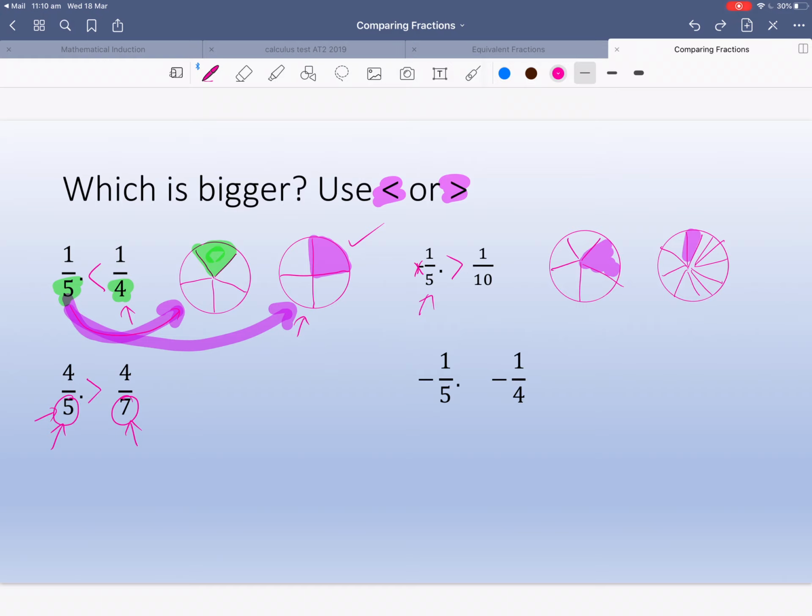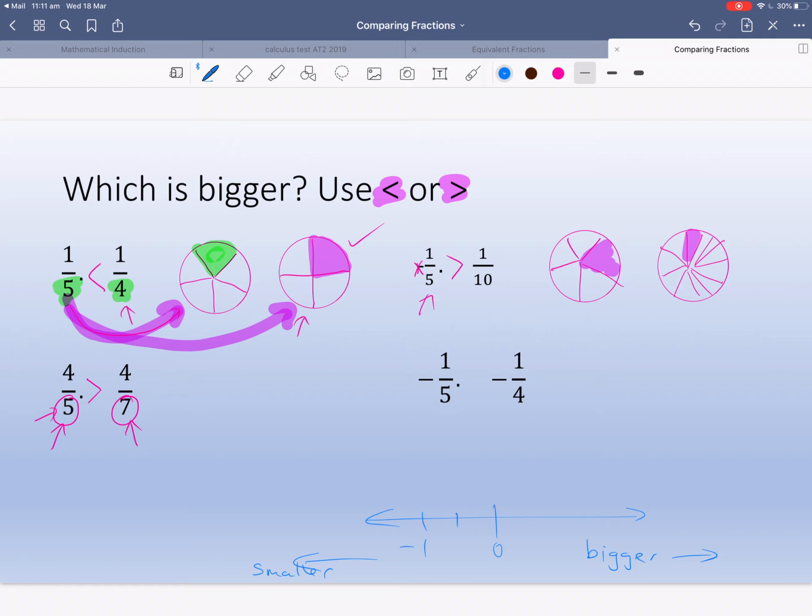What about negative numbers? Negative numbers work in reverse. I'm going to let you see how you go, but I'm going to give you the answer as well. If we do a number line, here is 0, here is -1. The bigger numbers are this way, and these are the smaller numbers.